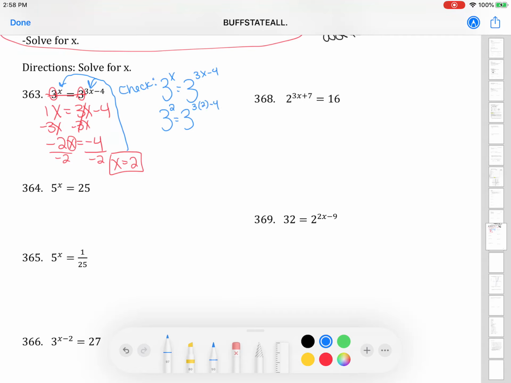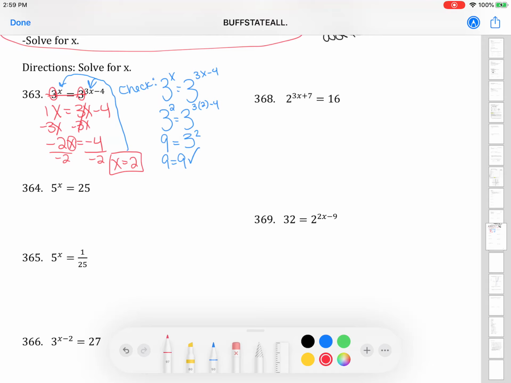So 3 squared equals 3 raised to the 3 times 2 minus 4. Well, 3 squared on the left is 9. On the right side, I'm going to simplify that exponent first. 3 times 2 is 6 minus 4 is 2. You might already see it. 9 equals 9. It checks out. All of these can be checked using that method. Just take your answer, plug it back in, make sure it works.